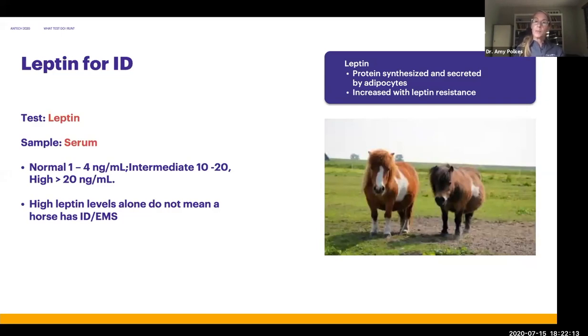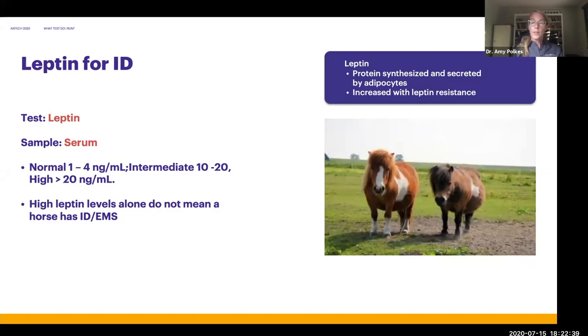It seems to be that horses that have a high leptin that we know have an insulin dysregulation problem, or perhaps it's those horses that look like they have a fairly normal body condition, but they are carrying regional adiposity, fat pads or even intra-abdominal layers of fat. Those horses can sometimes have a high leptin, and it seems that they are predisposed to having insulin dysregulation.